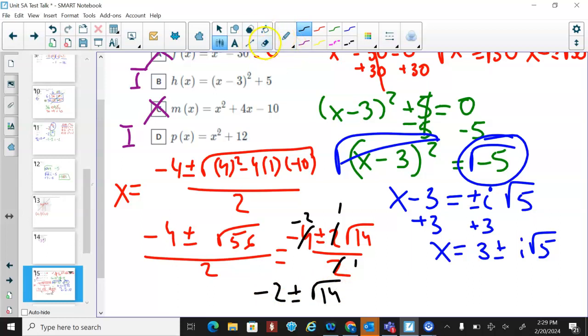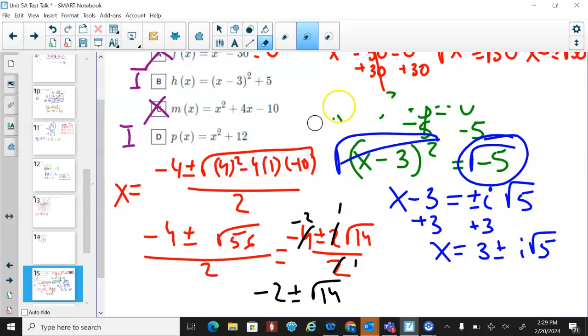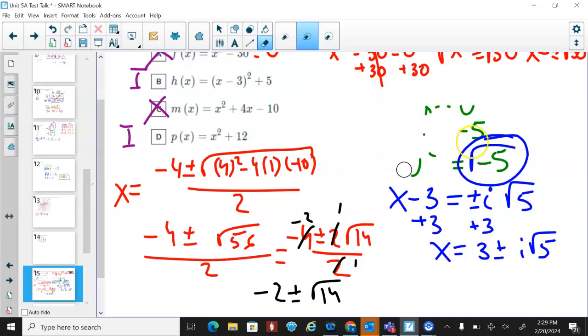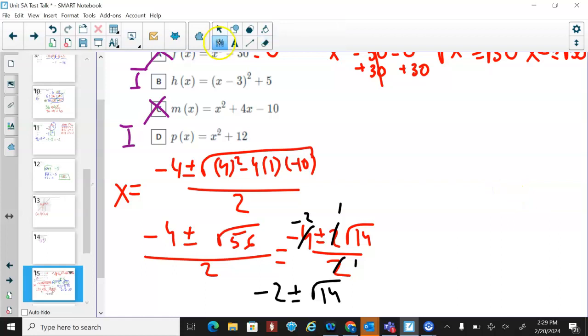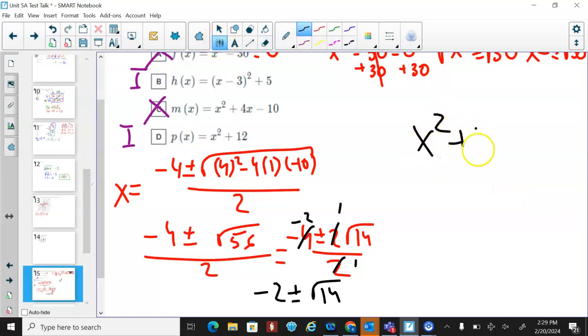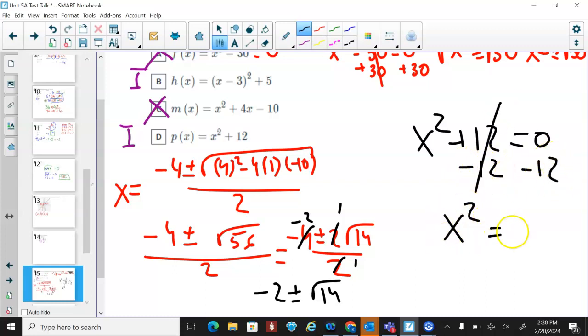And then the last one, again, if you need to pause it to write it down, please do so. I'm going to delete this side right here. It is x squared plus 12. That's supposed to be imaginary according to Desmos, so let's check. I get x squared plus 12 equals 0. I will move the 12 to both sides. x squared will equal negative 12.